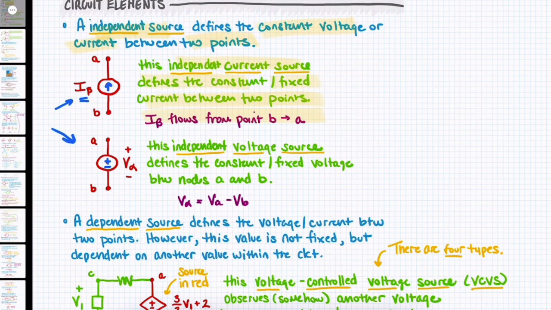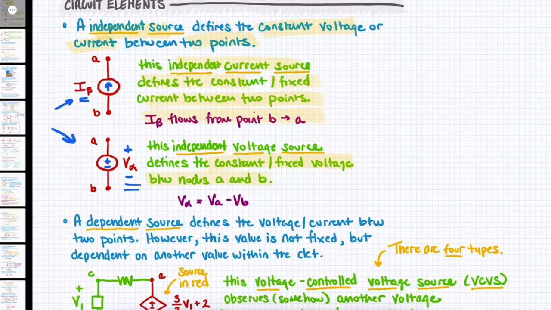Next, we take a look at the independent voltage source. So that defines a constant or fixed voltage between nodes A and B. And we've labeled it as V alpha. Now, generally, we don't need to provide two sets of the polarity labelings, and if anything, they should agree with one another, so we don't really need the second set. But we can use KVL, which we learned about last time, to tell us what V alpha really represents.